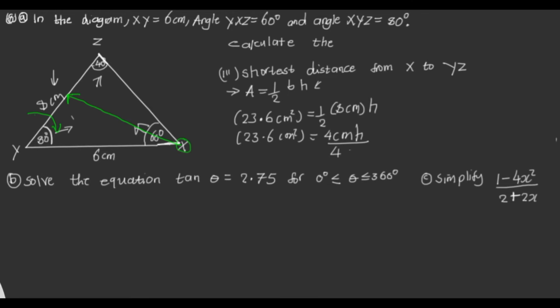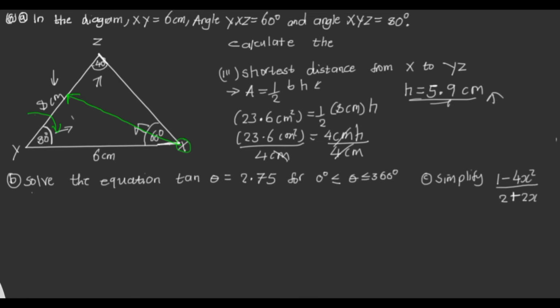So we divide by 4 centimeters on both sides and cancel. We have h is equal to 23.6 divided by 4, so the shortest distance is about 5.9 centimeters. The centimeter from the denominator cancels with one centimeter from the numerator, leaving this centimeter that we have written here. So we've done Roman number 3.